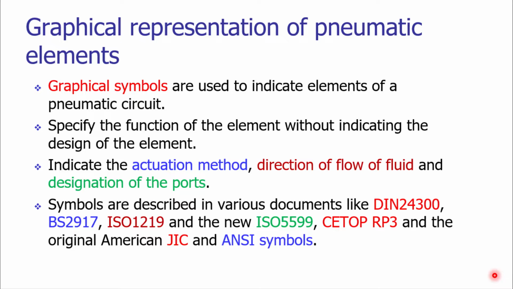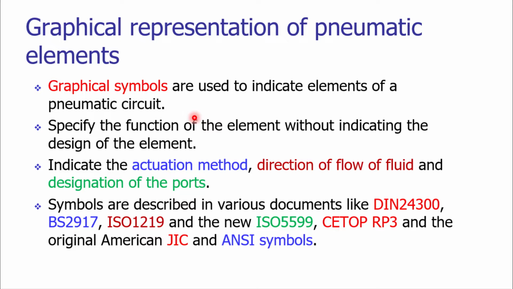Communicating the drawing of this assembly to the shop floor, the process planner or the purchase engineer is a huge task, so communicating with them in a proper way is essential. For that purpose, we use graphical symbols to indicate these elements in pneumatic circuits as well.